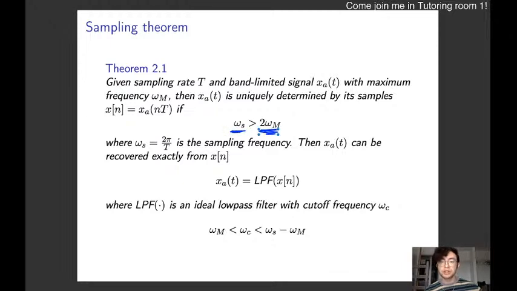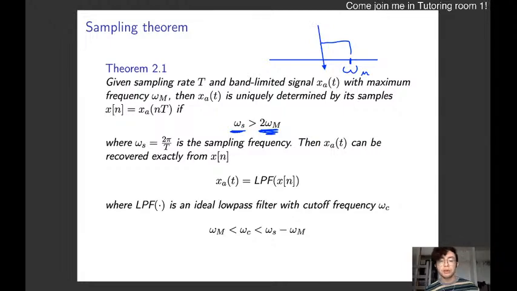Just if I wasn't clear, the maximum frequency of a band-limited signal would exist right here. This would be our omega m, or f of n, whichever variable name we want to be working with. So that's that signal.